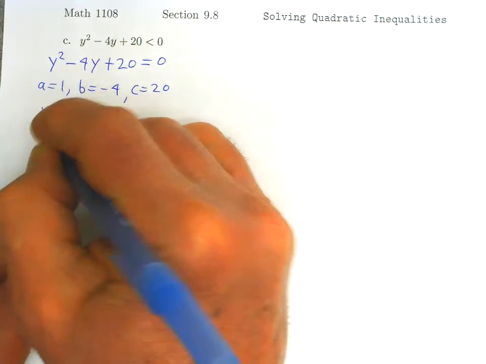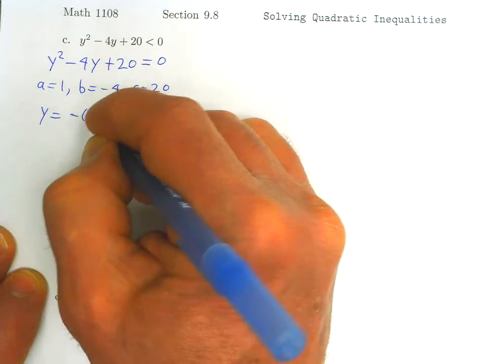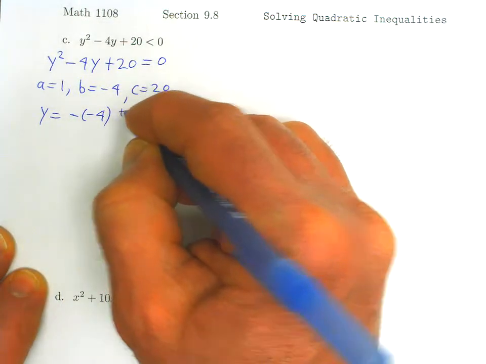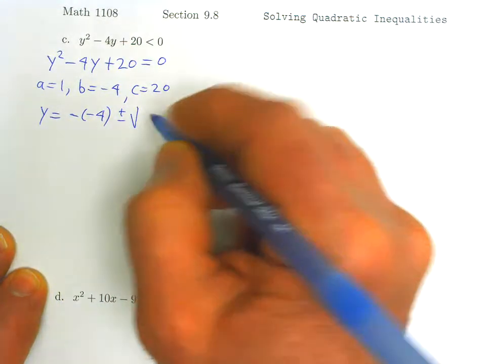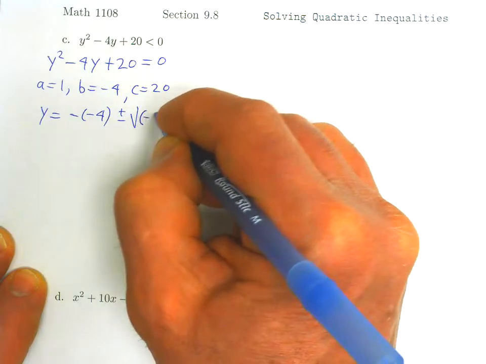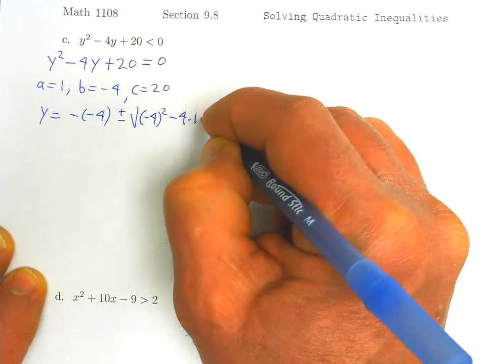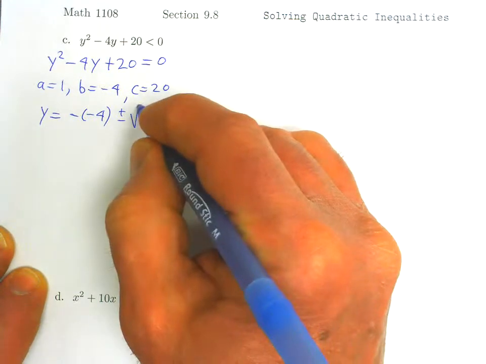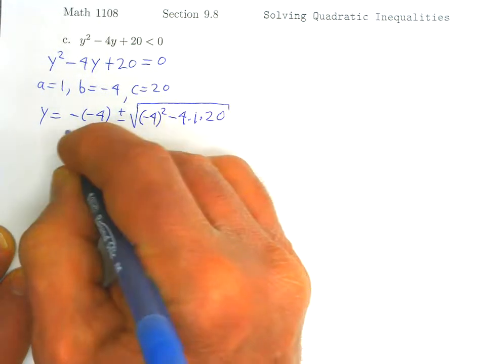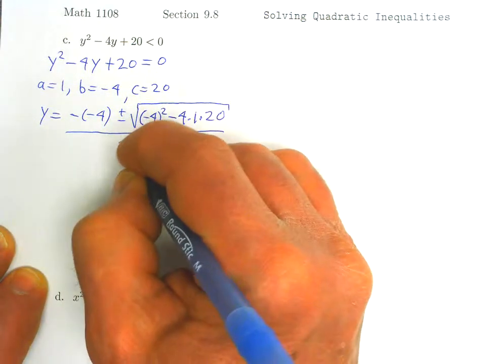So y equals the negative of -4 plus and minus the square root of the number -4 squared minus 4 times 1 times 20, and this is all divided by 2 times 1.